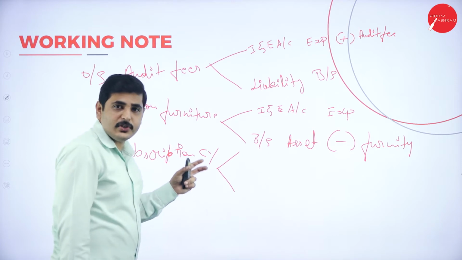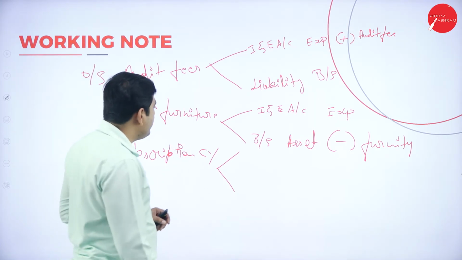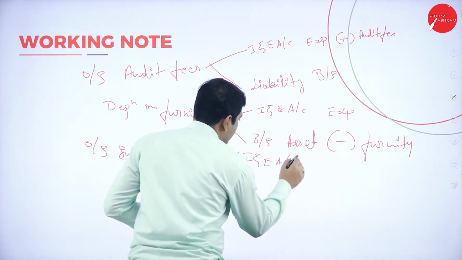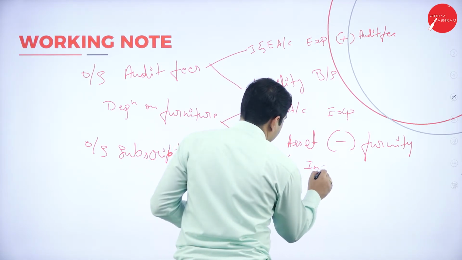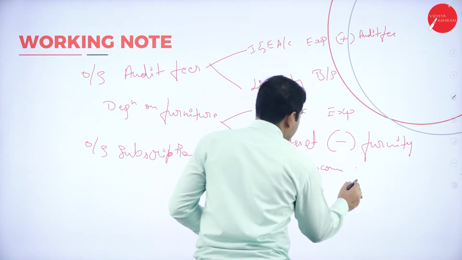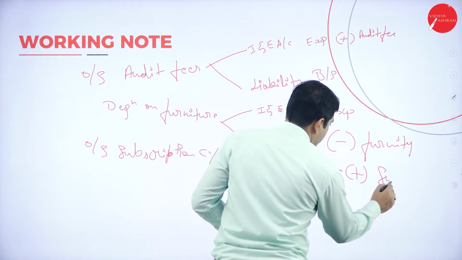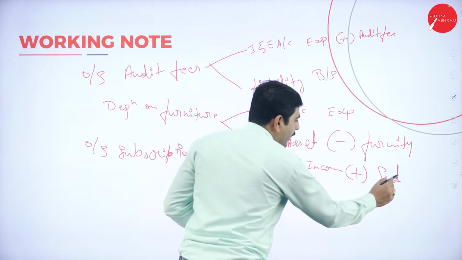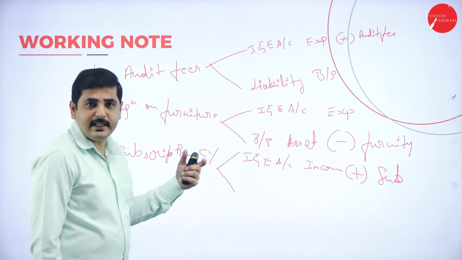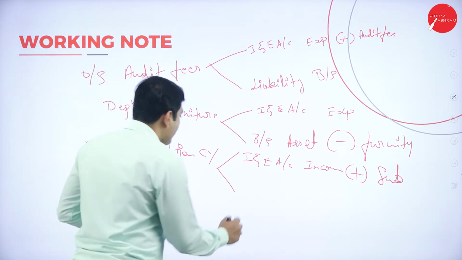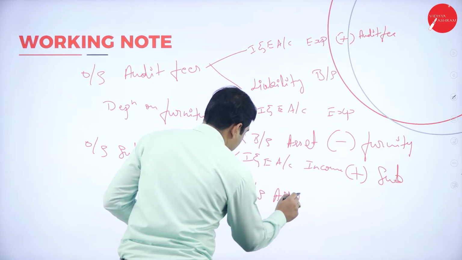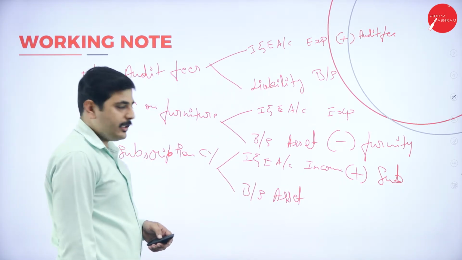First one, subscription is income, so it should be shown in the income and expenditure account, income side. So current year outstanding we should add to the subscription. Again, income not received is an asset, so we have to show it in the balance sheet, asset side.